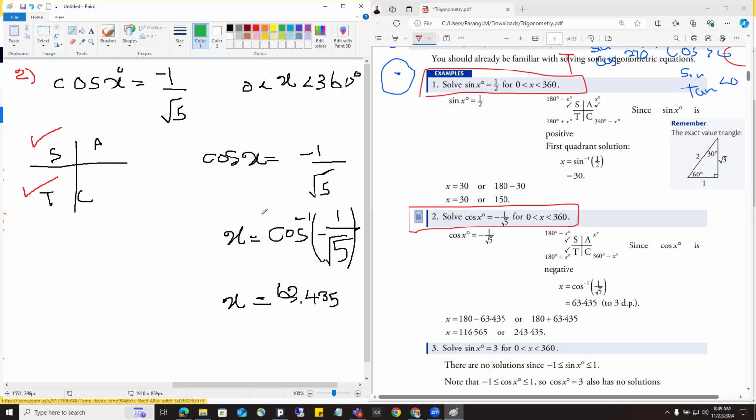Let me check the cos table first, because it's for the cos value table. It would be like this. Okay, so log tables. Now what will happen?